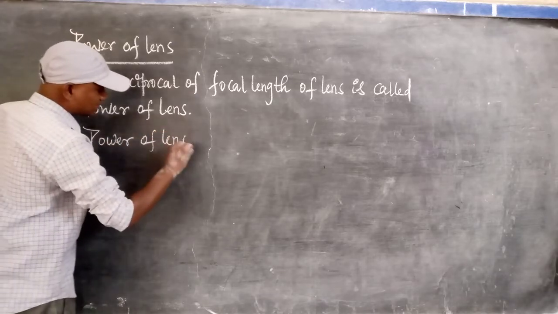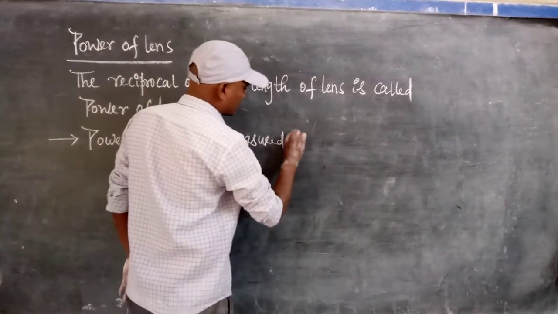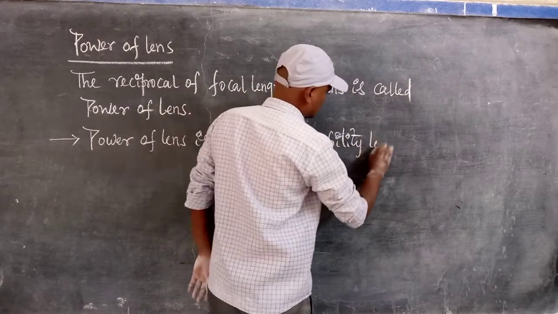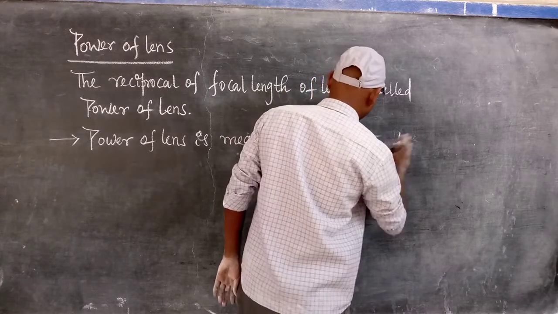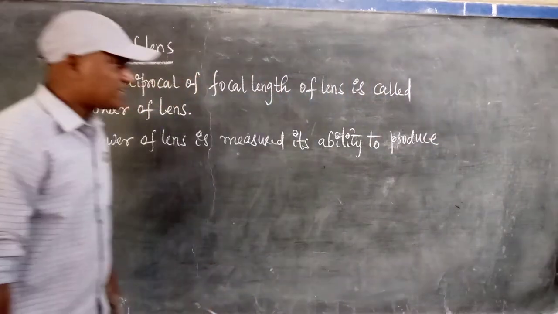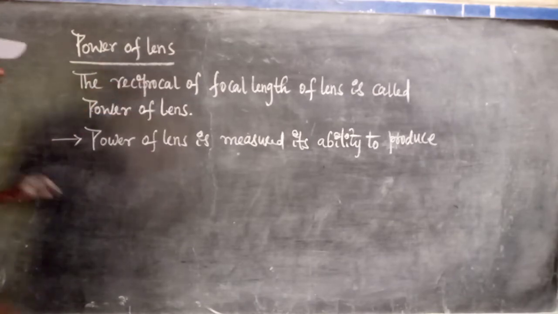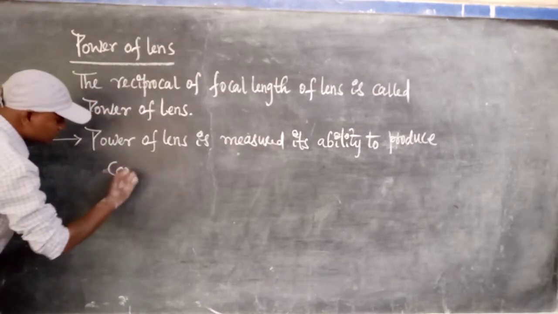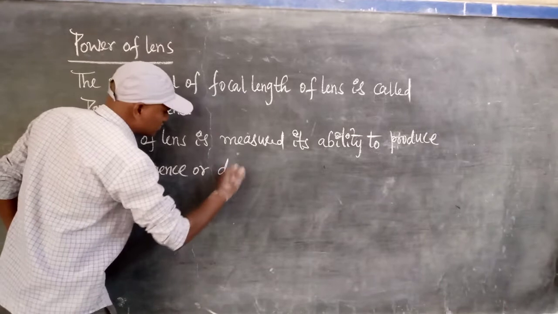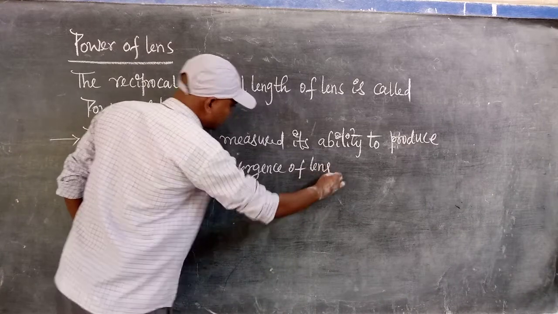Power of lens is a measure of its ability to produce convergence or divergence of a lens. Listen very carefully.